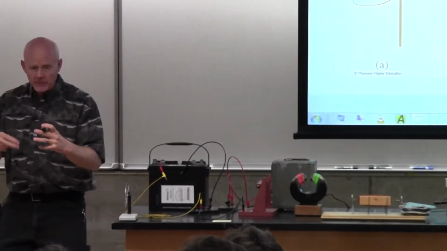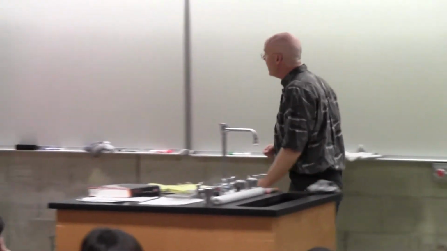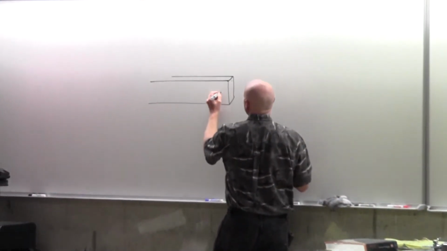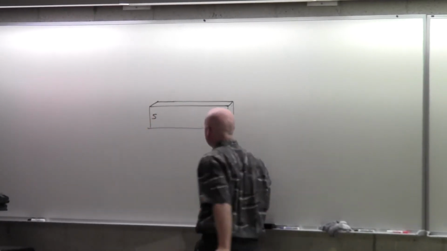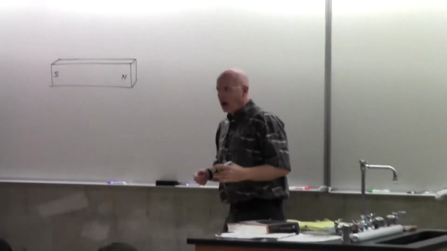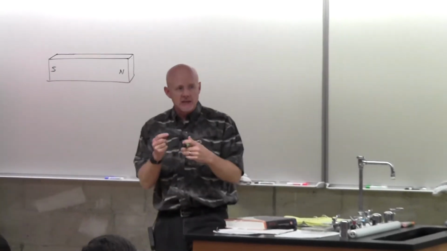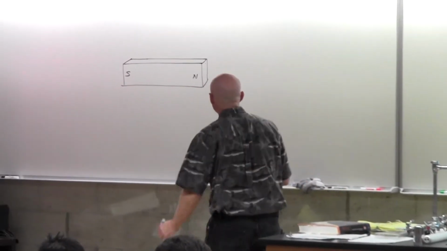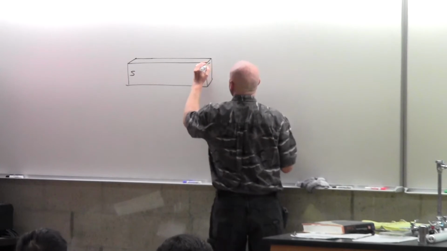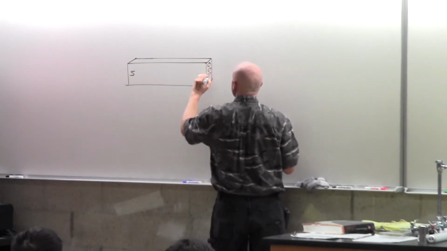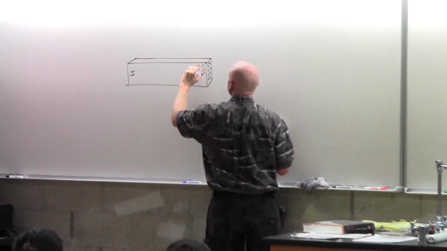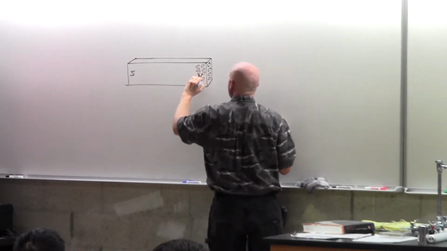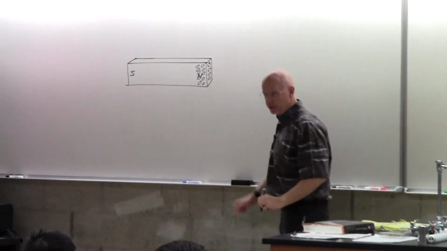But if you remember from last time, the bar magnet, where, say, one end we labeled as a North Pole and the other end we labeled as a South Pole, one of the conceptual ideas I was trying to get across was that the electrons inside here would create the magnetic field.